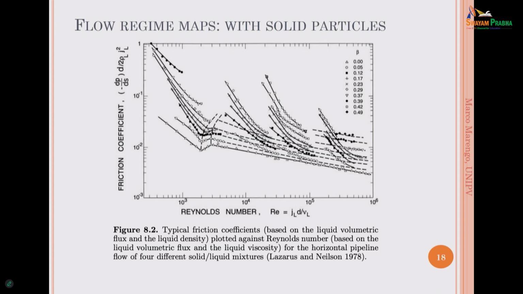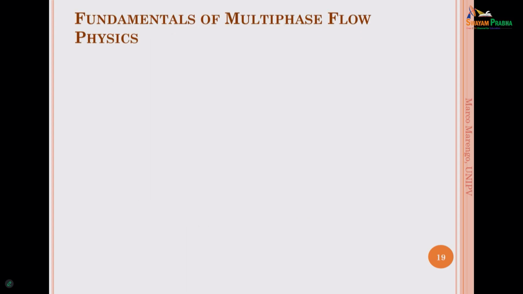Again, this is interesting, and this is not a numerical work, it's an experimental work, and only to replicate this graph numerically, wow, is something. It's not easy at all.